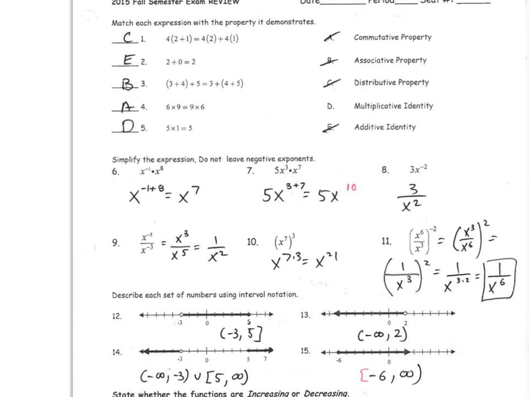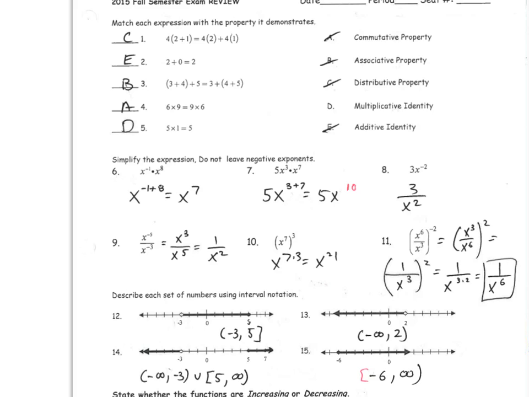Simplify. It doesn't say evaluate, it means simplify. So simplifying, and you should have the properties written down in your notes somewhere. You can get them off the last quiz we took. But this is, how do we combine these exponents where they're the same base?